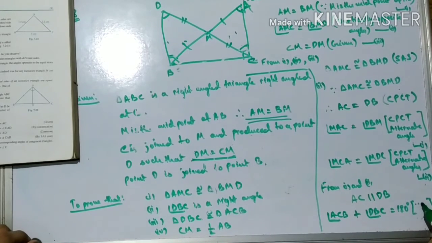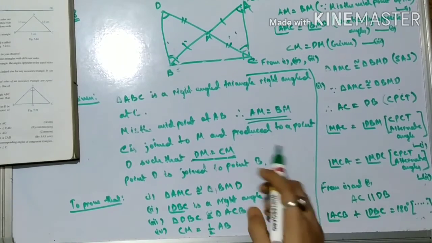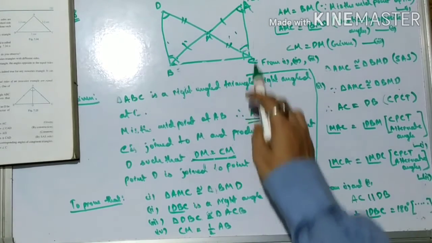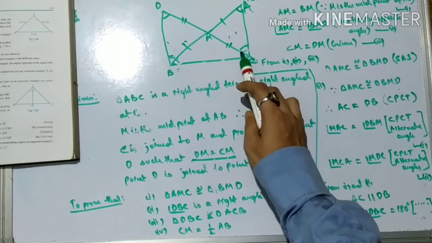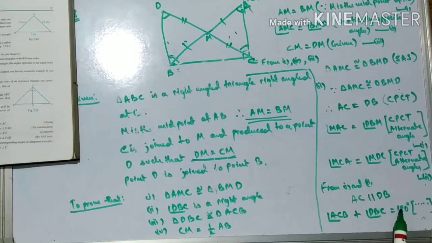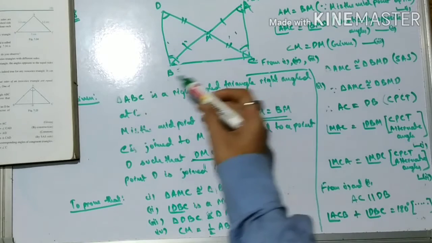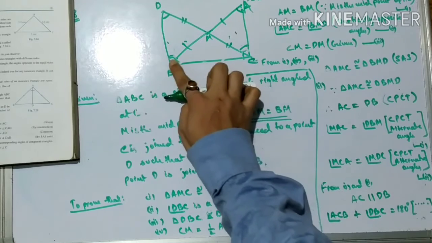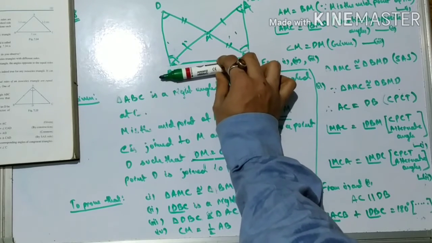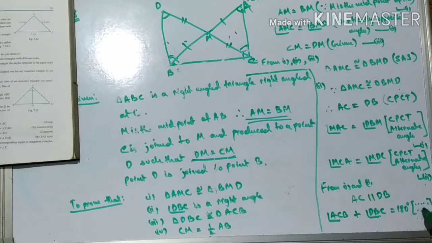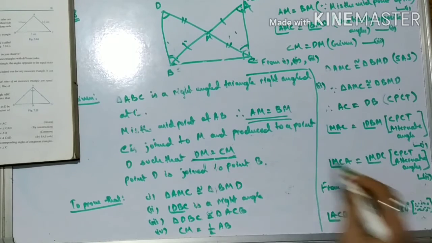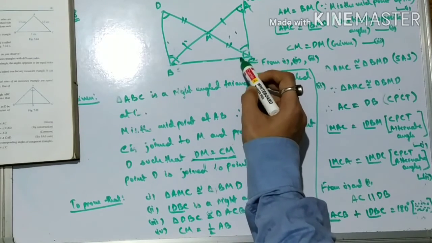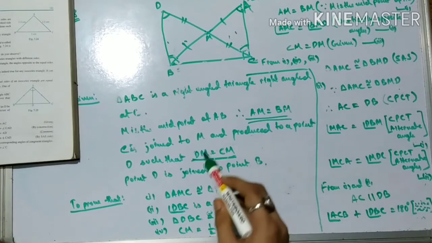In the bracket you write, sum of the interior angles, which you have already learned in lower classes. This is parallel to this, this is the transversal, so this angle plus this angle equals 180 degrees. Why? The sum of the interior angles on the same side of the transversal is 180 degrees. That you will have to write here. Understand? And now this angle is 90 degrees, already given.